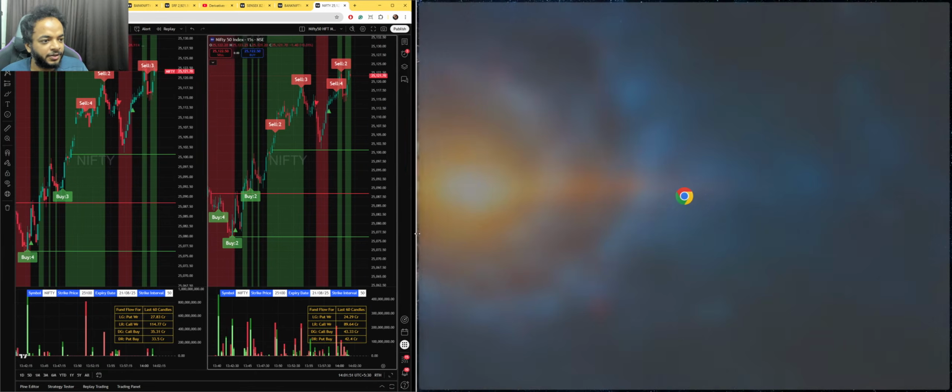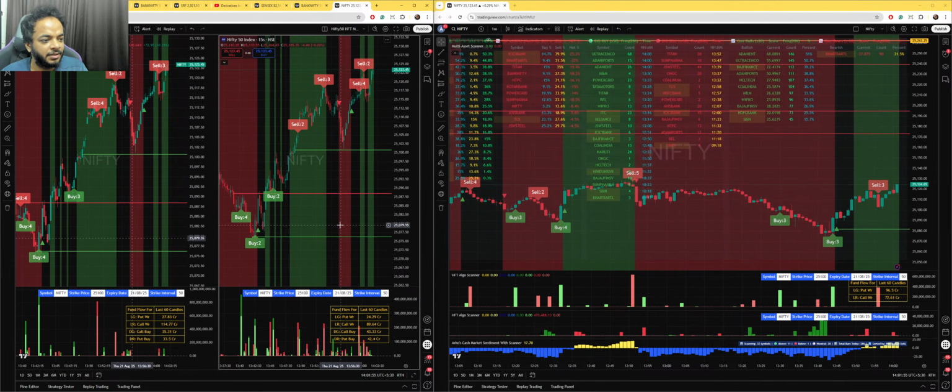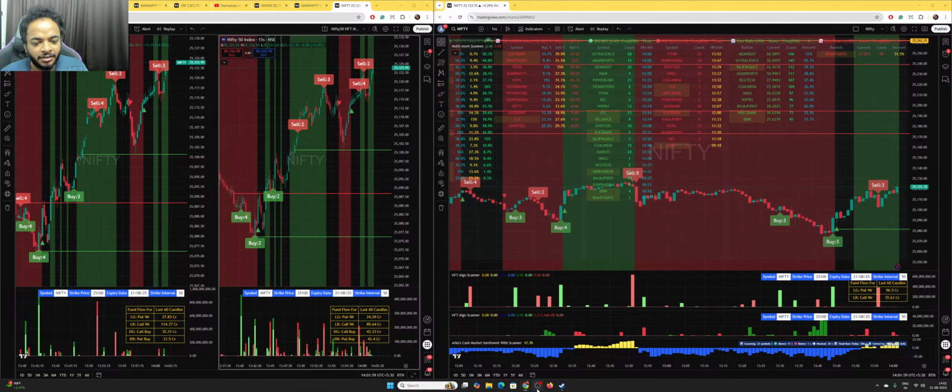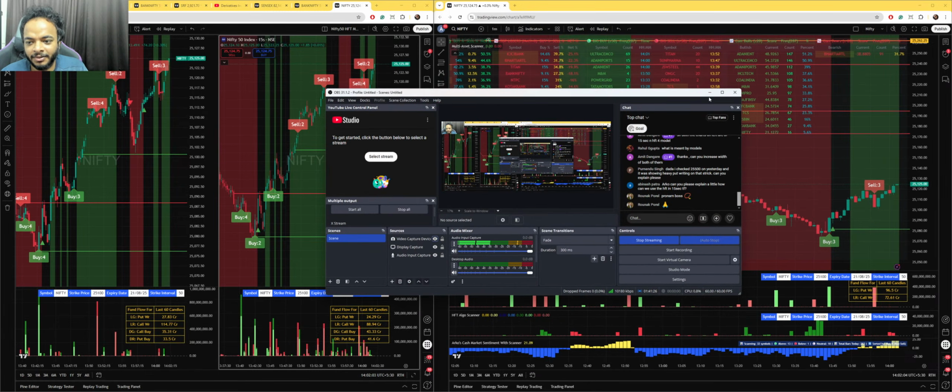Increasing width, I hope now you can see. The 15 seconds time frame you can use if you are trading with very high frequency.